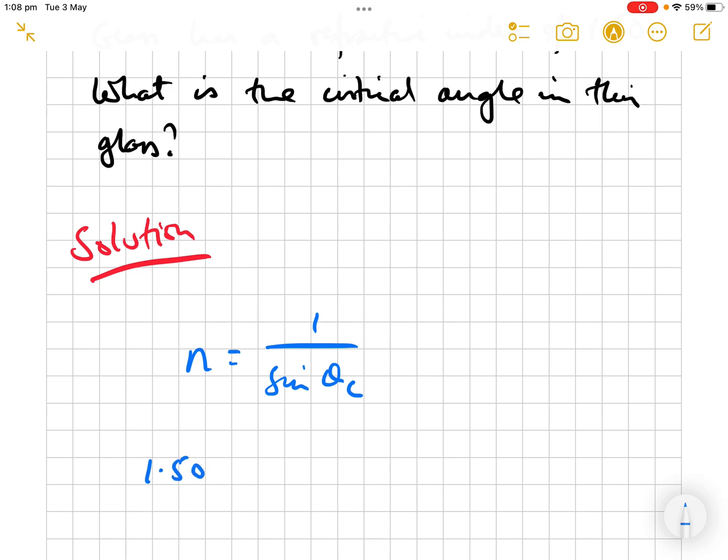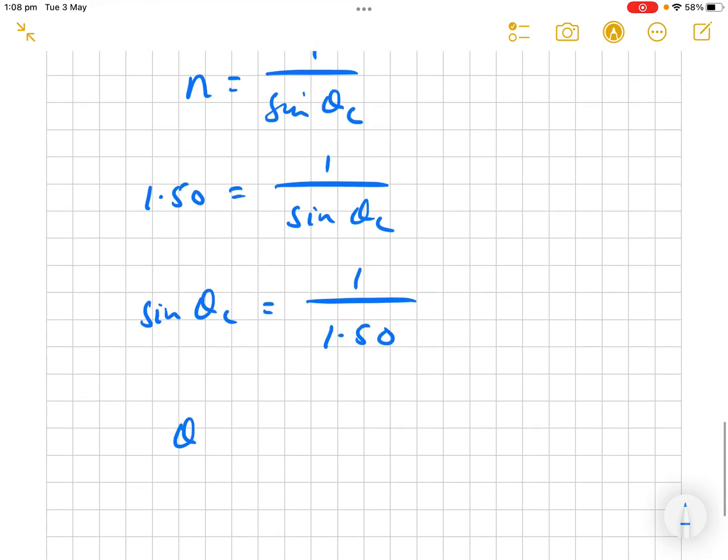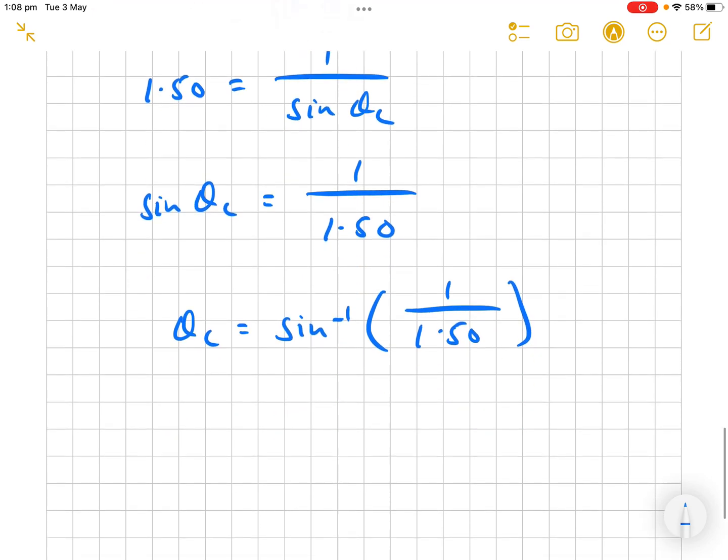So 1.50 is 1 over sine theta critical. So sine theta critical is 1 over 1.50. And theta critical is the inverse sine of 1 over 1.50.